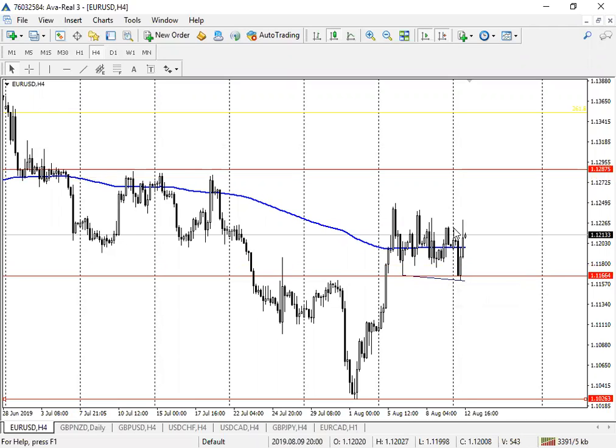We have a bit of a spike to the downside, and you can see that the market has been making these highs but not breaking them. We have a break on the lower level at 11.66. That's this previous area here as well, somewhere close to the high of the week of the 29th of July.